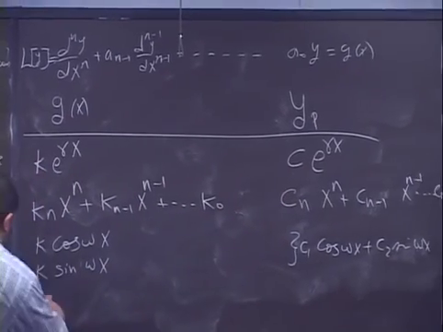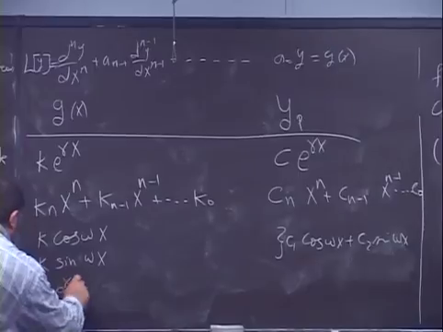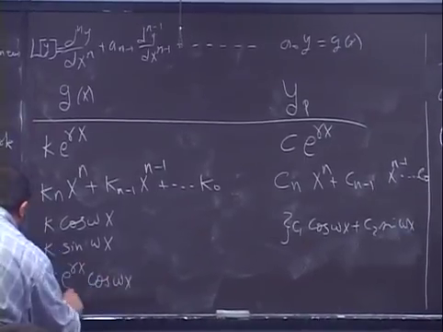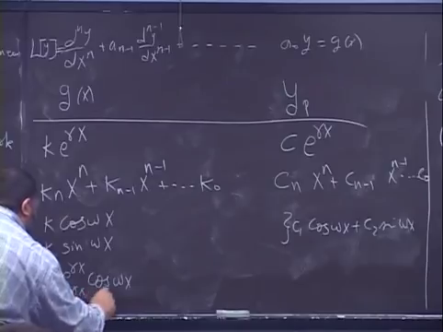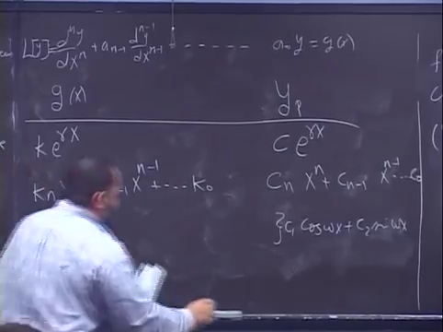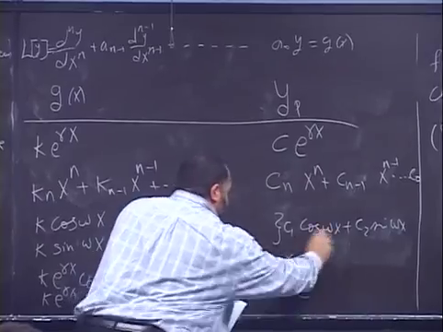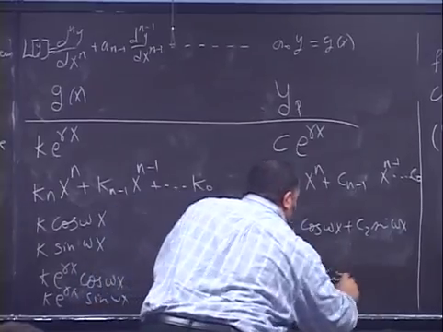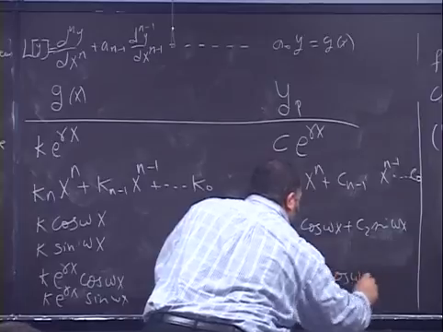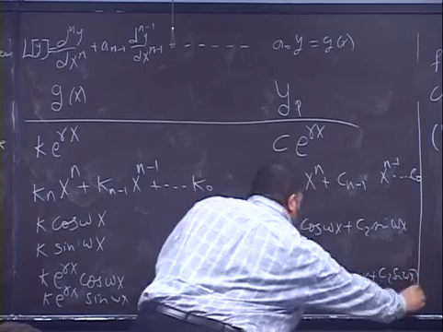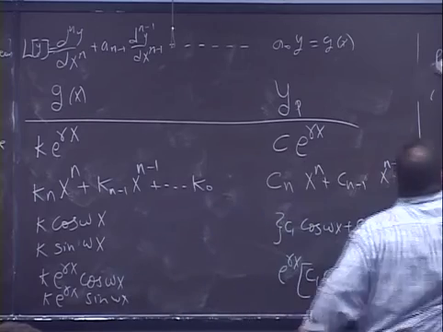If your function is k multiplied by e to the power of gamma x cosine omega x or k e to the power of gamma x sine omega x, you will look for a solution of e to the power of gamma x multiplied by again C1 cosine omega x plus C2 sine omega x, and so on.